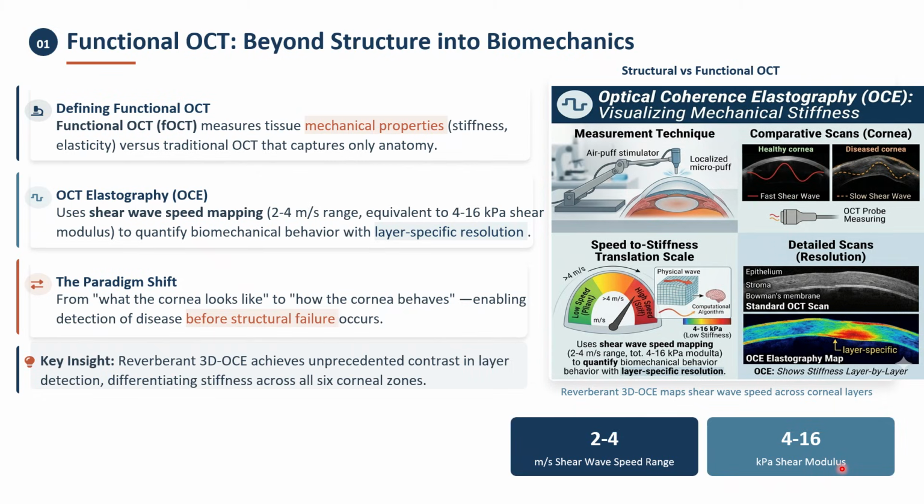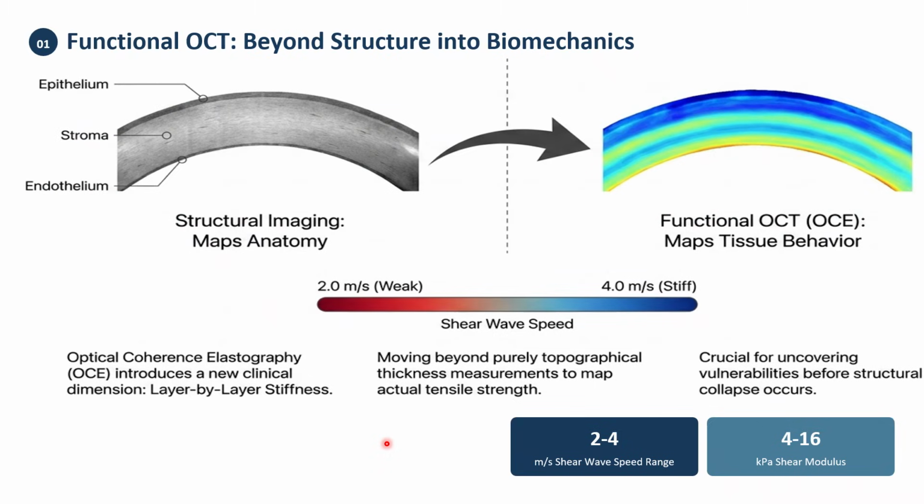We have spoken before, in the lecture on corneal biomechanics, about the types of elastic modulus, and one of them is the shear modulus. So by converting this speed map into a shear modulus, we can have an idea about the elastic property of the tissue.